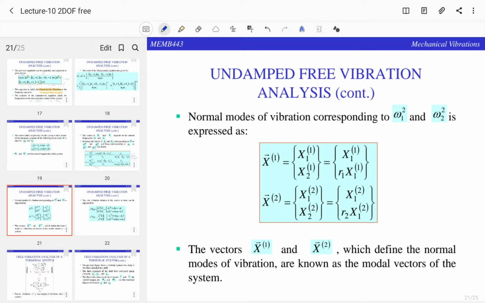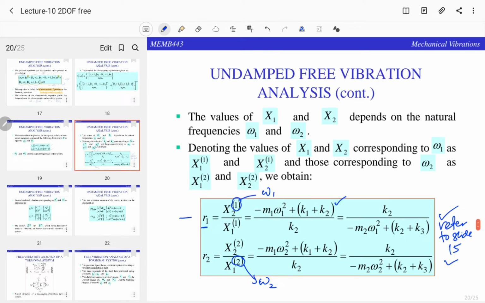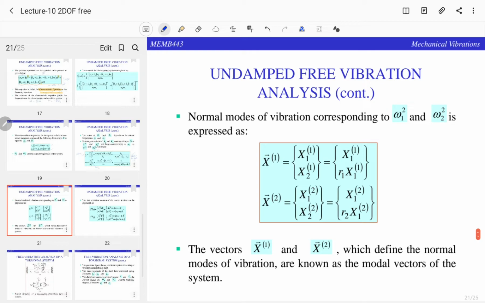It basically depends on the question. Some questions want you to express the mode shapes in terms of ratio. Sometimes the question wants you to express it in terms of a vector like this. So you have to look at the question.